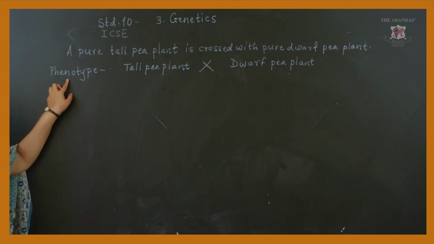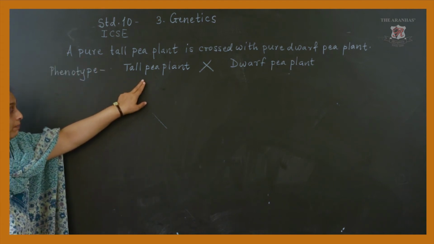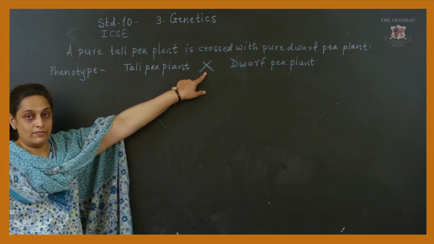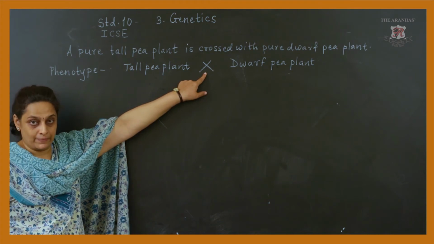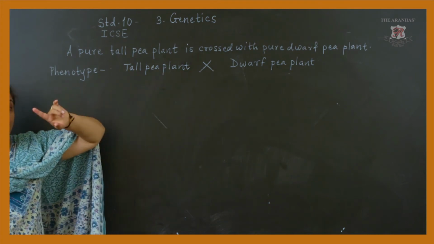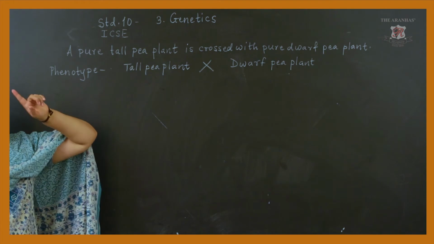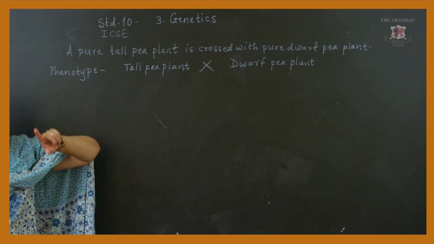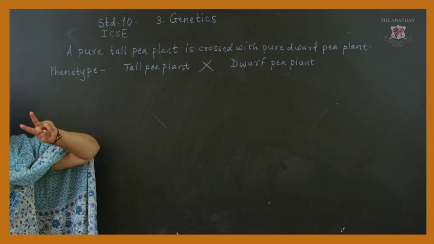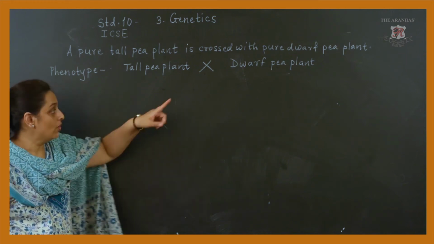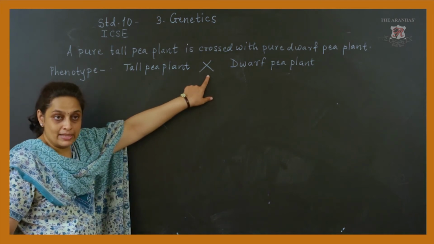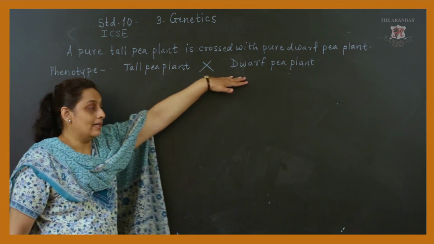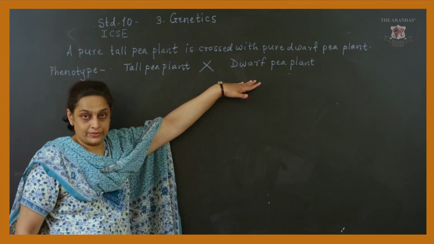Okay. Tall pea plant. Now this is a cross mark which is showing crossing. Okay, because remember, the first cross performed by Mendel was between two different plants. So that is indicated by this cross. So one parent is tall and the other parent is dwarf.